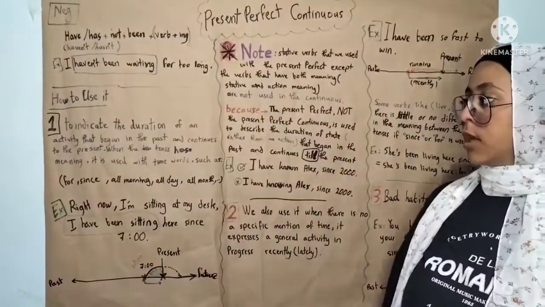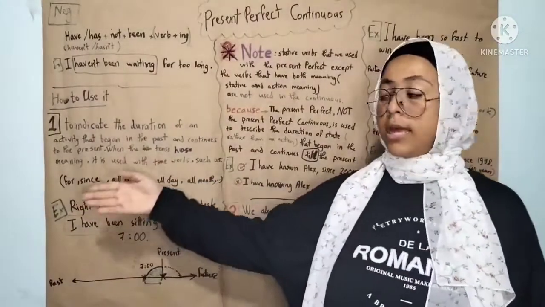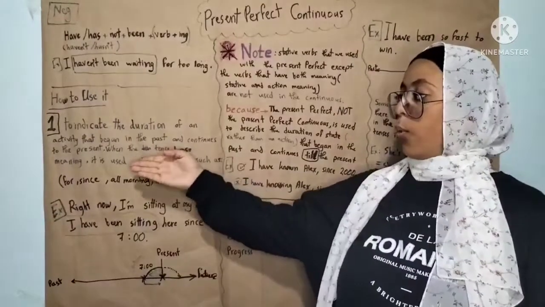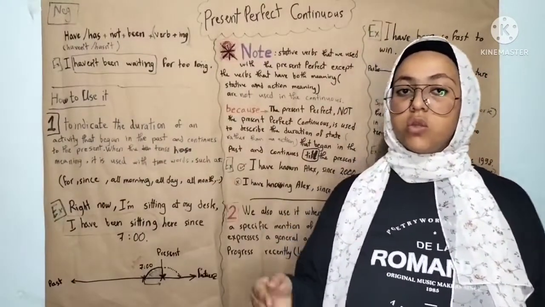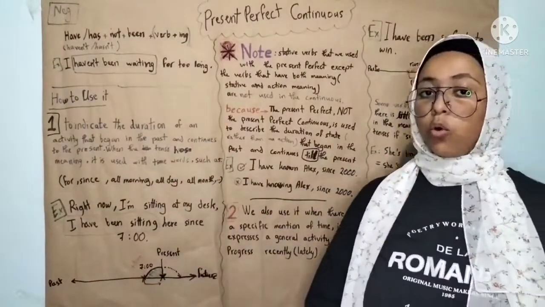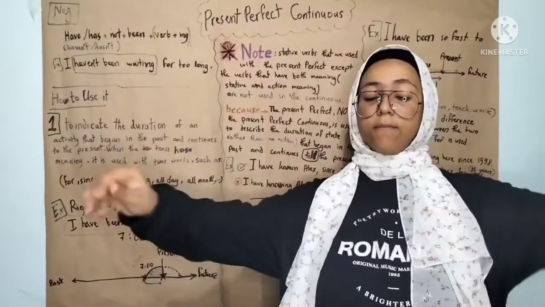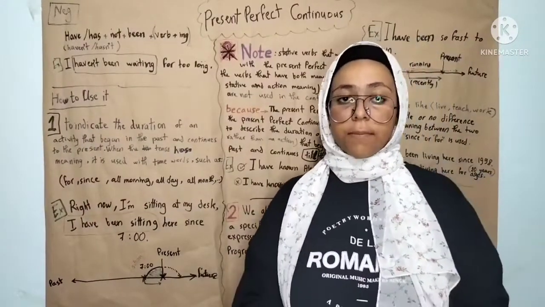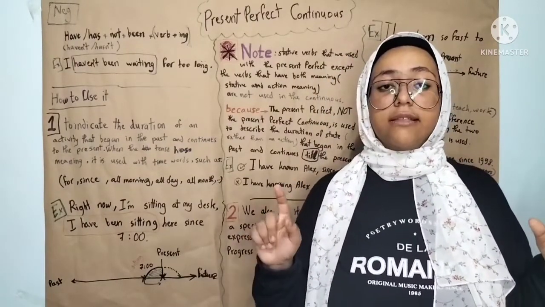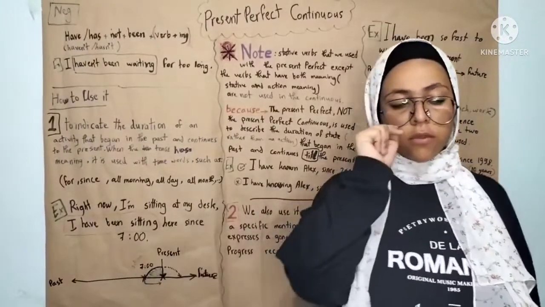Number 1, to indicate the duration of an activity that began in the past and continues to the present. When the tense has this meaning, it is used with a time clause, such as since or for, all day, all month, all week, etc. So, for example, right now I'm sitting at my desk. So I have been sitting at my desk. I've been sitting here since 7 o'clock.